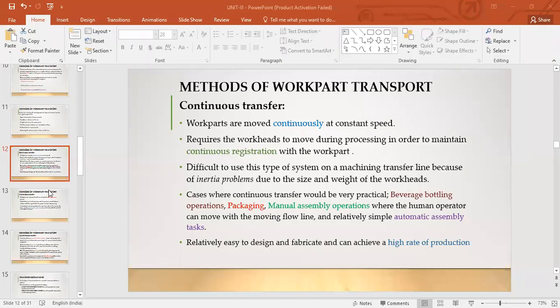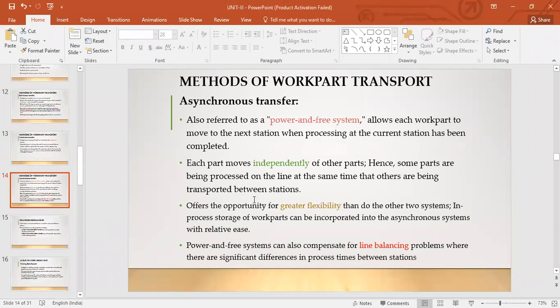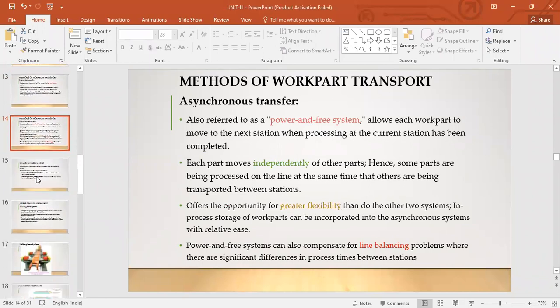No doubts, right? That was your example of an intermittent transfer system, right? Continuous we saw in that beverage filling, and intermittent asynchronous we'll see.